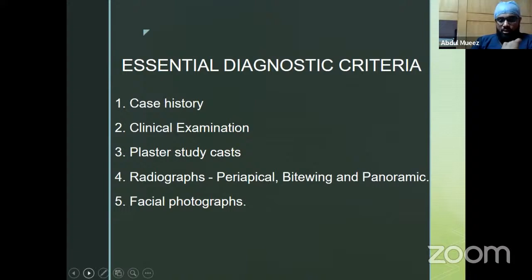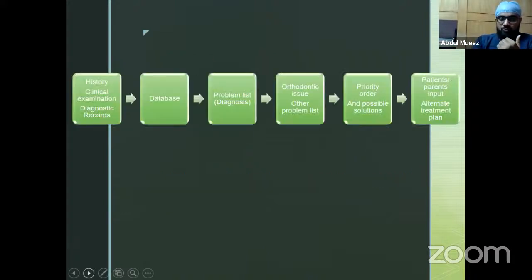The basics are panoramic radiographs and facial photographs. All this constitutes a basic diagnostic criteria before identifying the problem, and before coming out with the problem list.